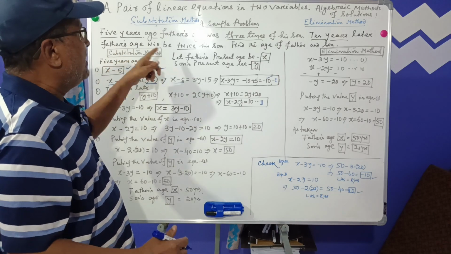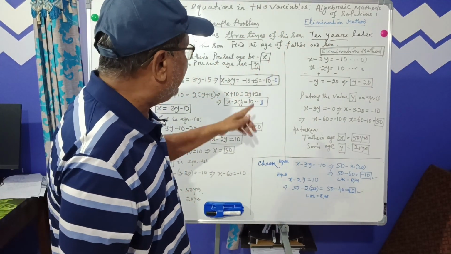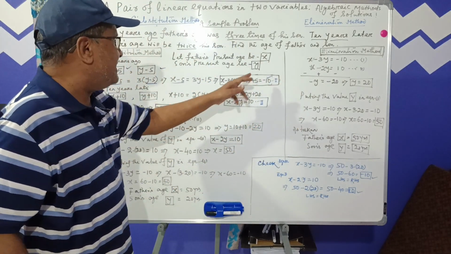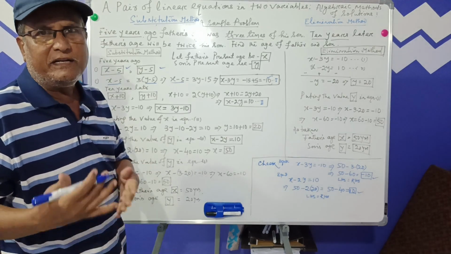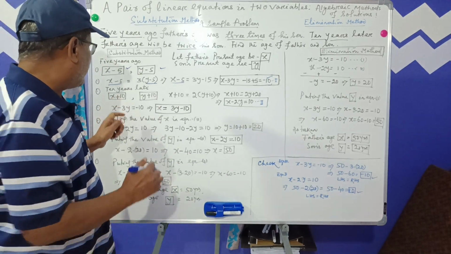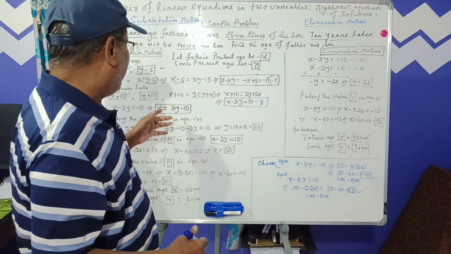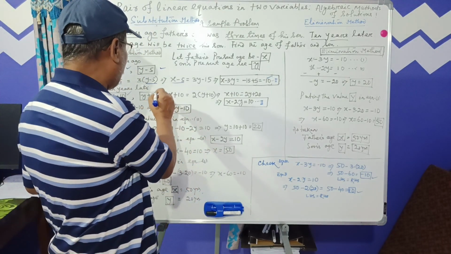Second equation: 10 years later. Here is a confusion. 10 years later means hence, from now. So the present age is x. After 10 years, the father's age will increase by 10 years, so it will be x plus 10. And the age of the son will also rise by 10, that will be y plus 10.